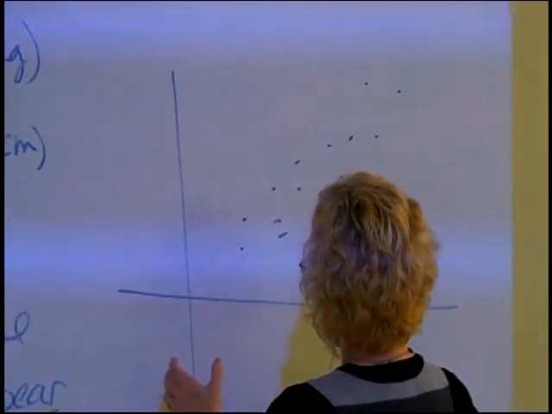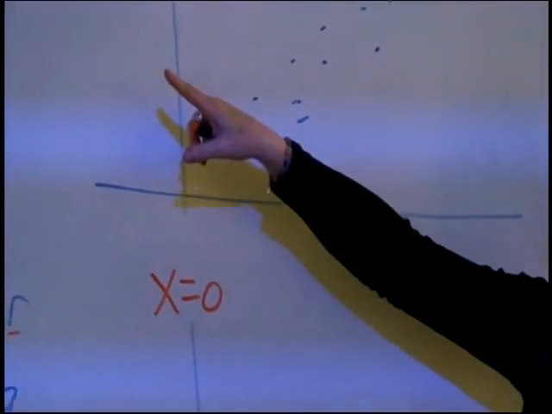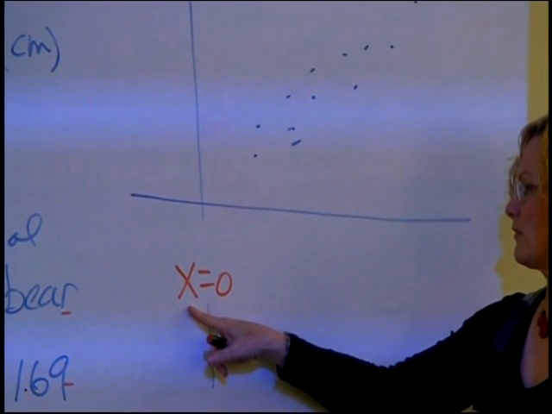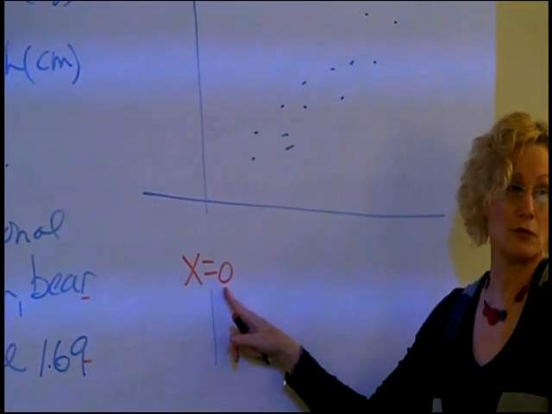So at the y-intercept, what's the value of x? 0, good. And what is x? Bear length. Does a bear with no length make any sense? No. So we just write that.